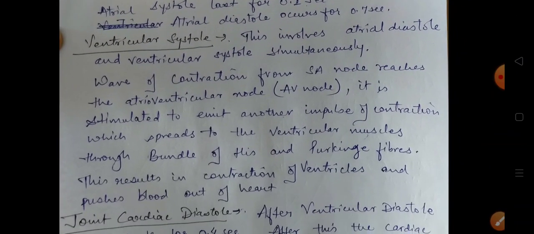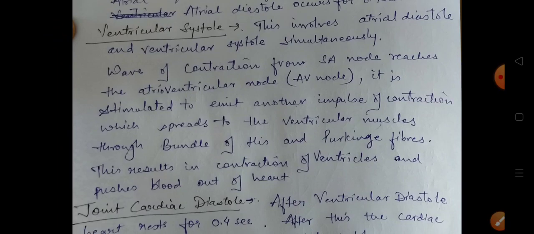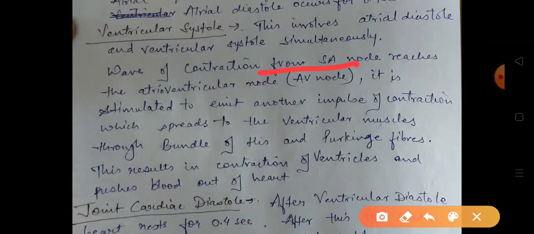Now we talk about the ventricular systole. Ventricular systole involves the atrial diastole and ventricular systole. They both occur simultaneously, because the wave of contraction from the SA node, which results in the contraction of the auricle, is received by the AV node, the atrioventricular node, and then it emits another impulse of contraction which spreads to the ventricular muscles.